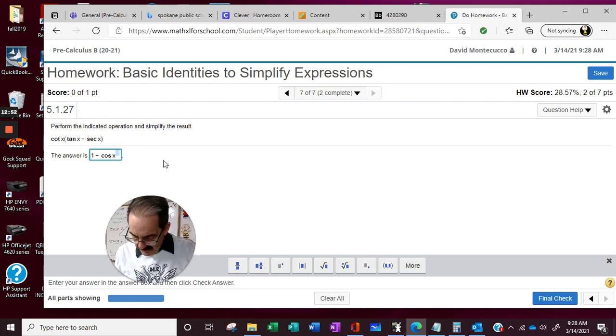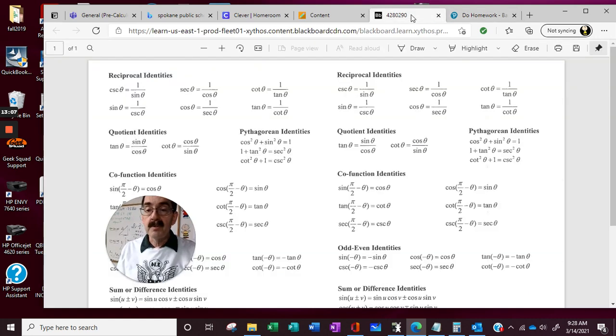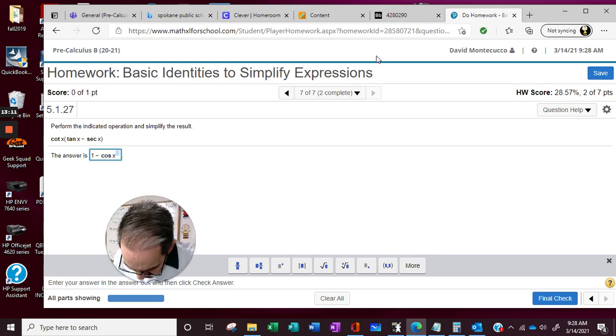Cotangent is cosine x over sine x, times sine x over cosine x, minus 1 over secant, which is 1 over cosine. This times this is 1.